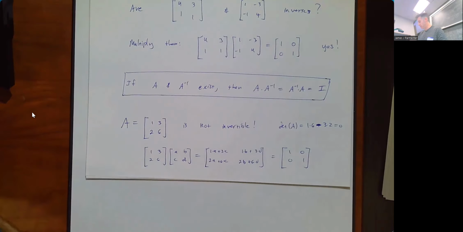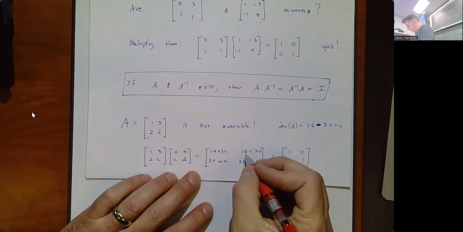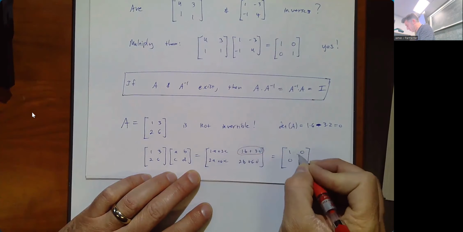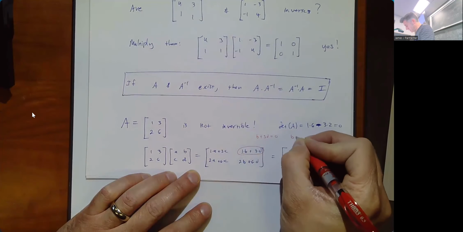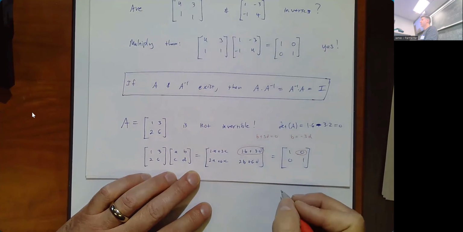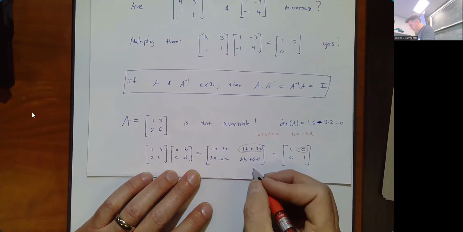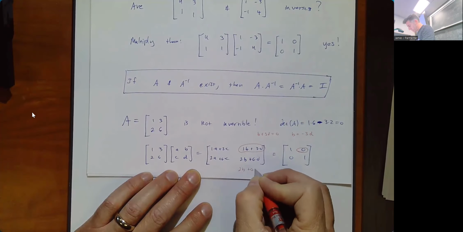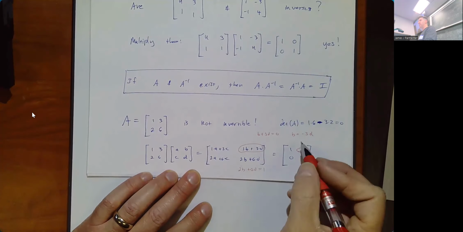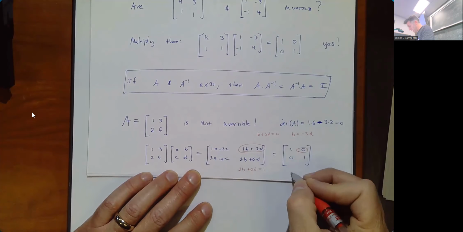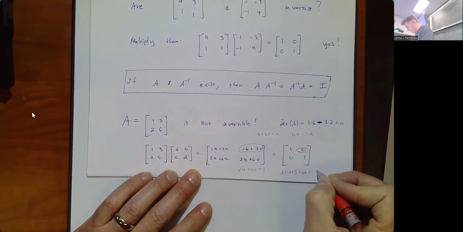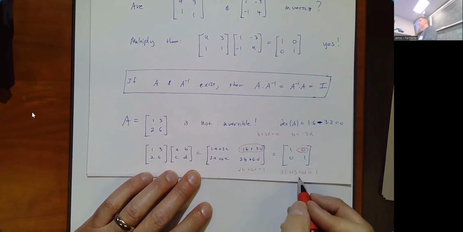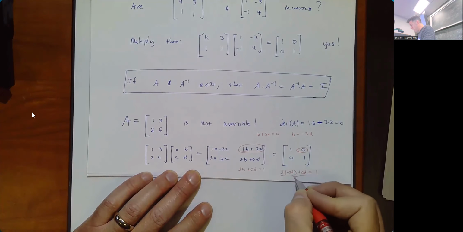But here's the problem. If 1B plus 3D equals 0, then B has to equal negative 3D. But then if I jam that back in here, I need 2B plus 6D to equal 1. So I have 2 times negative 3D plus 6D equal to 1. But negative 6D plus 6D is 0. That's not going to work.